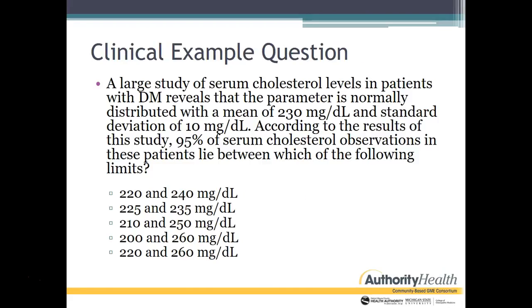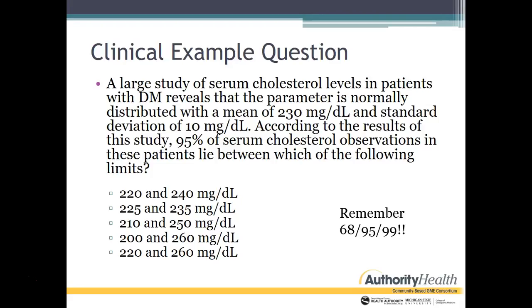All right, let's move on to a clinical example question. A large study of cholesterol levels reveals that the parameter is normally distributed, the mean is 230 and the standard deviation is 10. So, according to the study, 95% of the cholesterol observations lie between which of the following limits? And you remember from the 68, 95, 99 rule that 95% of the data will lie within 2 standard deviations.